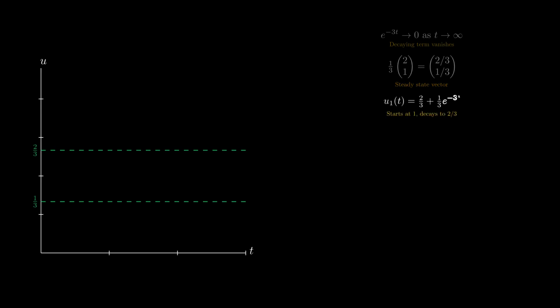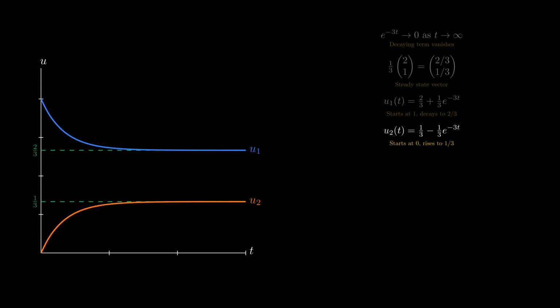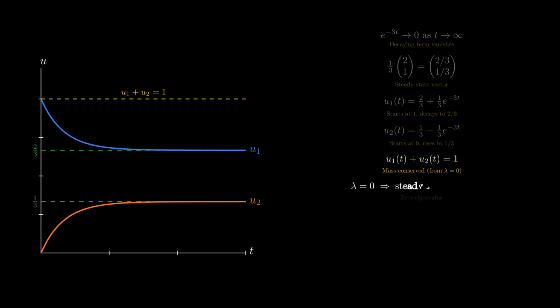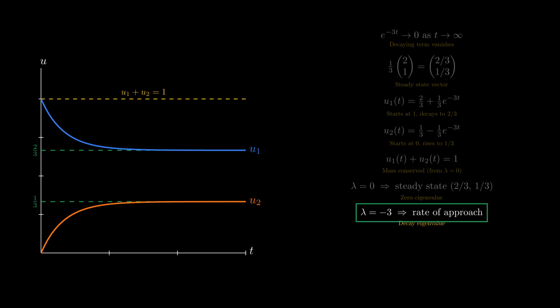And that's the steady state. u1 starts at 1 and drops smoothly down to 2/3. u2 starts at 0 and rises smoothly up to 1/3. Notice the sum: u1 plus u2 equals 1 for all time. Mass is conserved, which is exactly why 0 was an eigenvalue in the first place. The 0 eigenvalue sets the steady state, and the negative eigenvalue, -3, sets how fast we reach it.